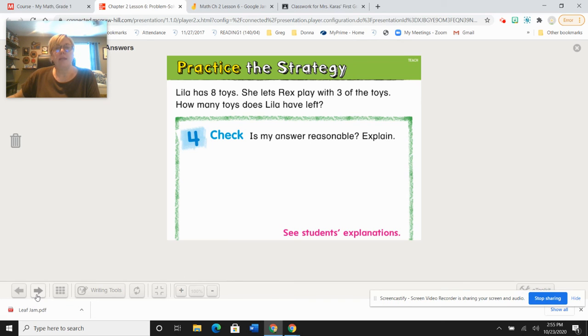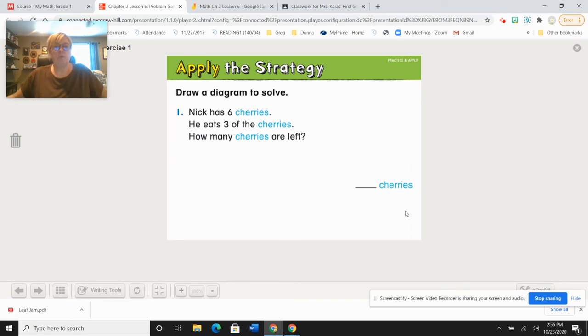Okay. Now, for the apply the strategy, there are some questions here where it says, draw a diagram to solve. So you have 6 math problems. Now, what I will do today is read you the story.